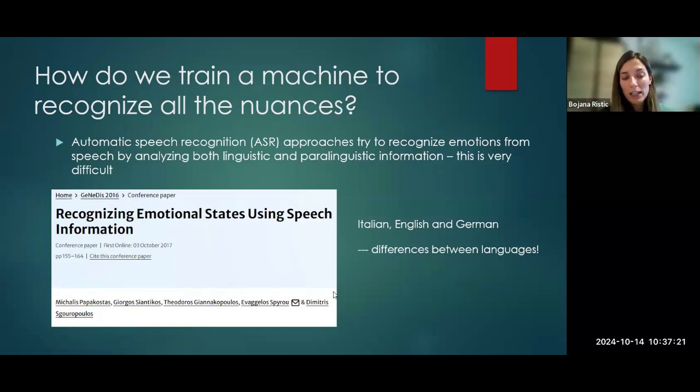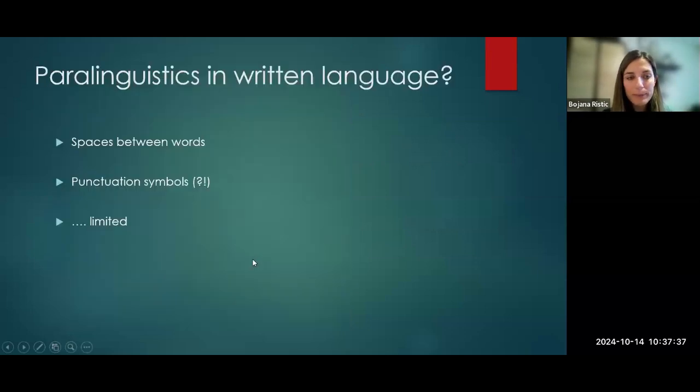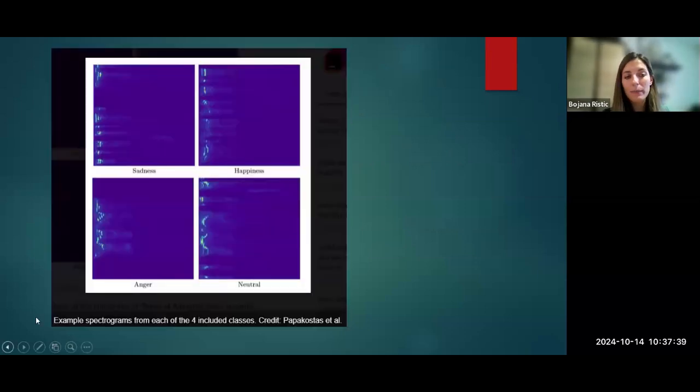So we want to train a machine to be able to recognize it across people and languages, etc. So they did include several languages, Italian, English, German. And what they did is that they tried to look at the speech. So what I'm showing here is something called a spectrogram. A spectrogram is a graphic or visual representation of the voice.